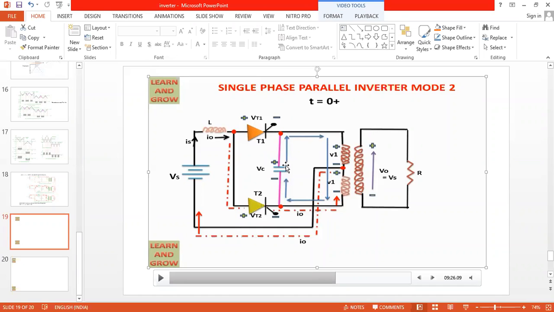The capacitor starts to discharge under mode 2 from C plus to the upper winding UW, upper winding to the common point to LW, lower winding to C minus. These two conditions. Now the capacitor is starting to discharge. Remember this point here. Under mode 2, two things will happen. SCR T2 is on and the capacitor is discharging its energy, and that energy has to come back to the negative terminal of the capacitor, C minus. I hope mode 1 and mode 2 are clear. Our ultimate aim is to generate the AC signal.